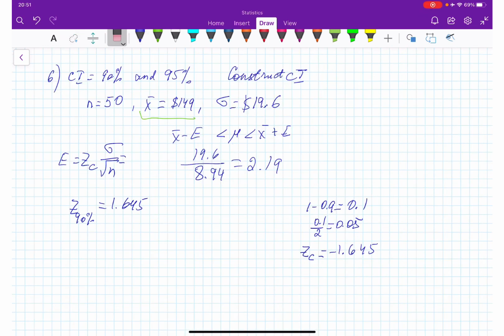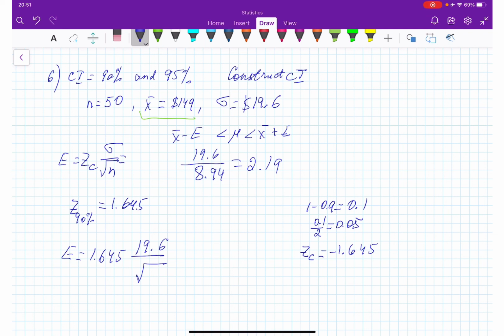So from here, margin of error is equal to 1.645 times 19.6 divided by square root of n.